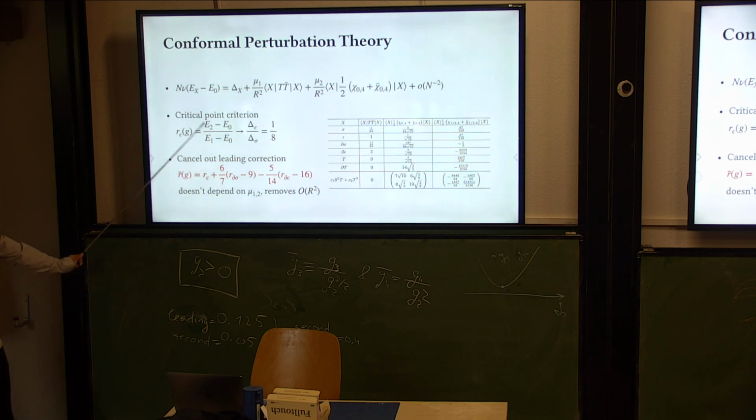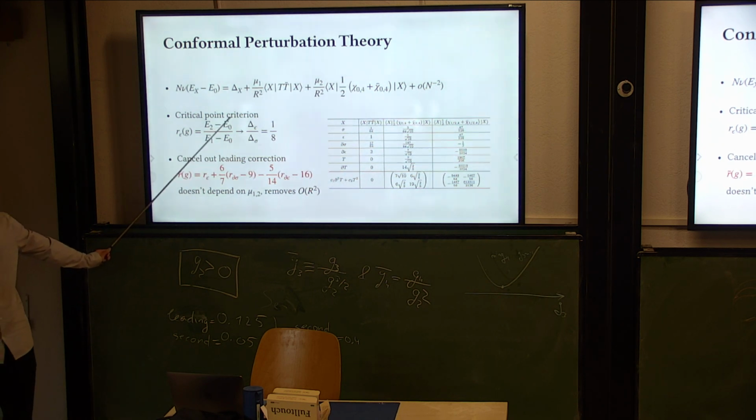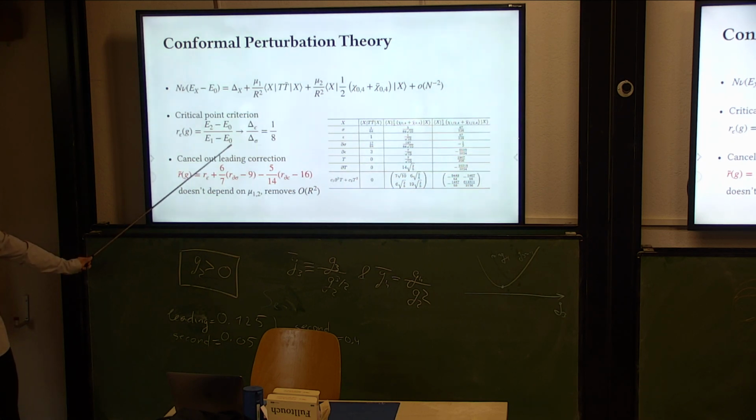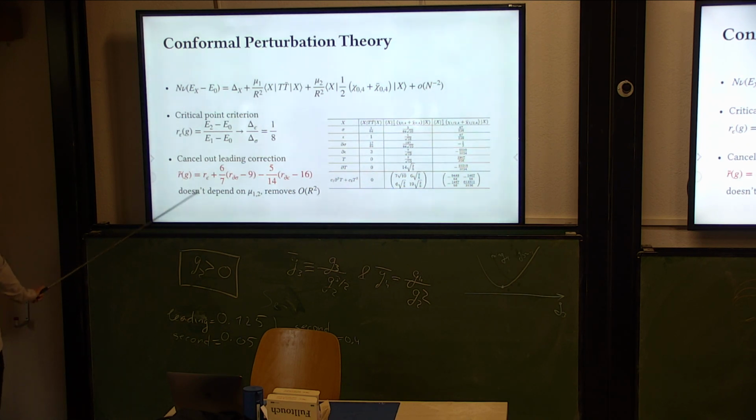So if we take the ratio of the first and the second eigenvalues, it should be the ratio between the scaling dimensions of the epsilon operator and the sigma operator in the 2D Ising model. And it should be, sorry, this is a typo, it should be 8.